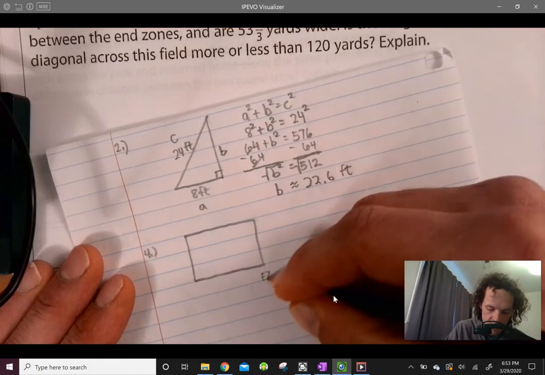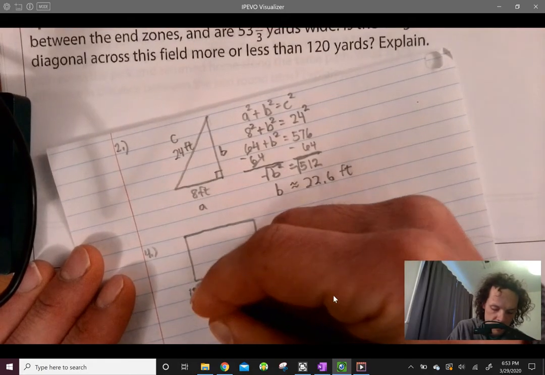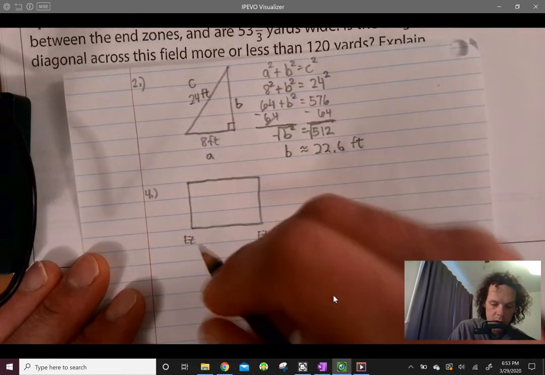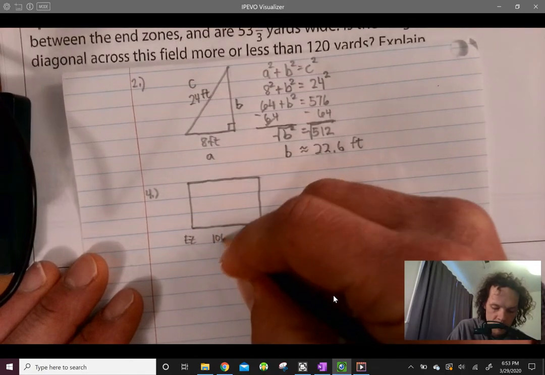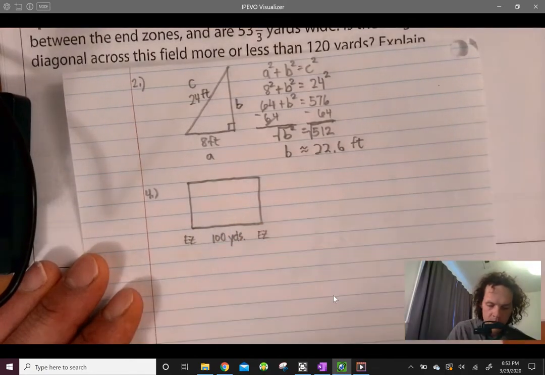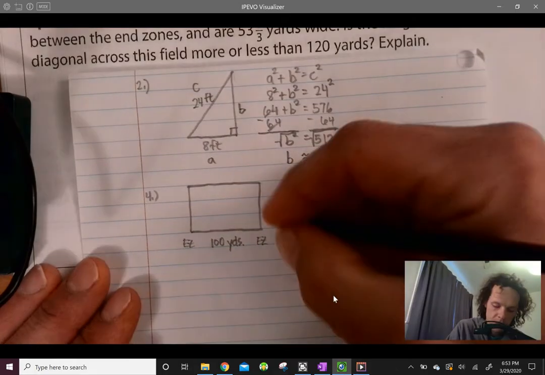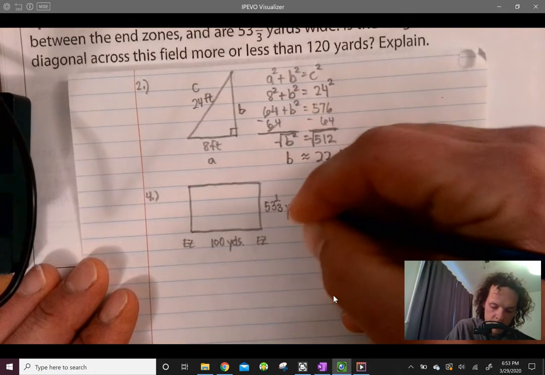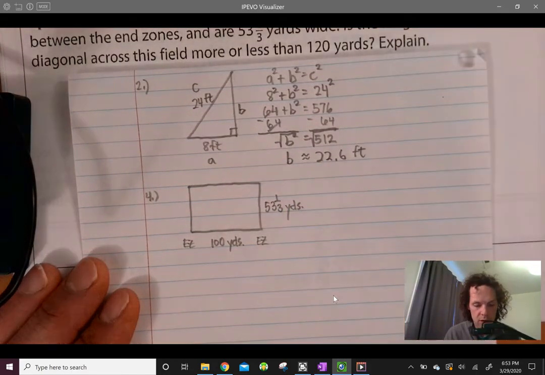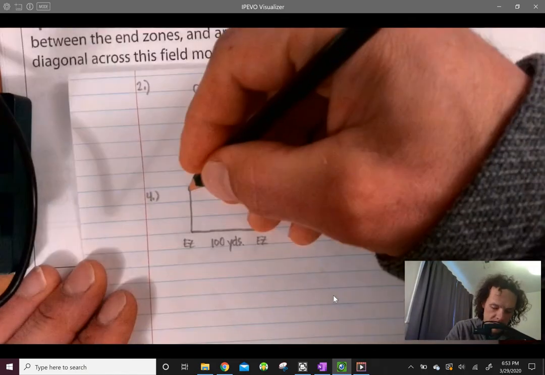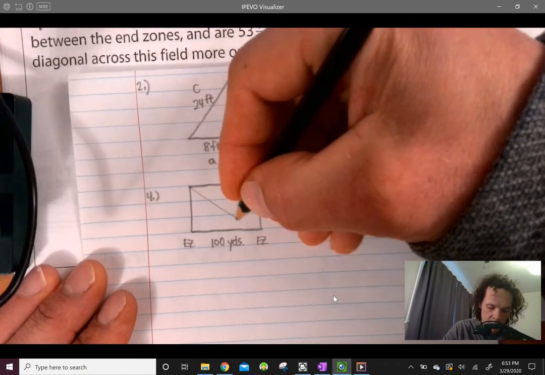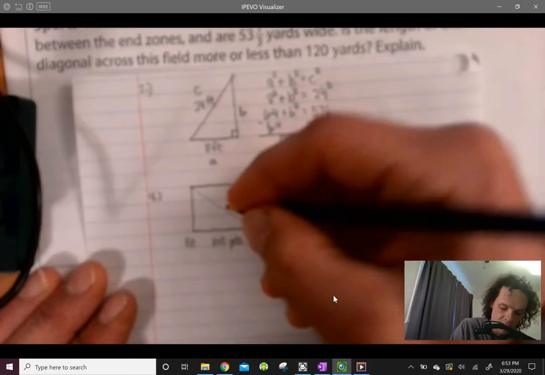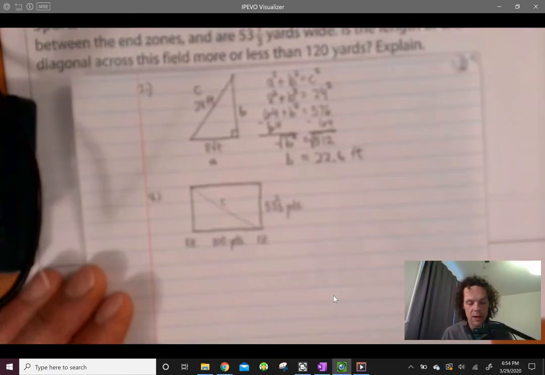In between the 2 end zones, there are 100 yards. And then it's 53 1/3 yards wide. And we're trying to find the length of the diagonal across the field. Is C greater than or less than 120?